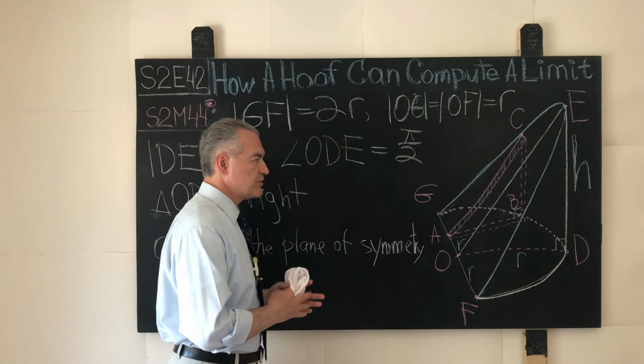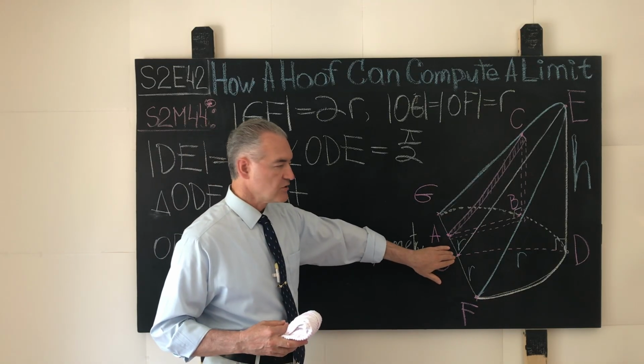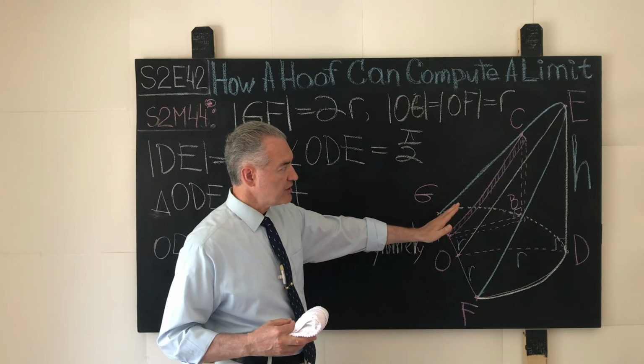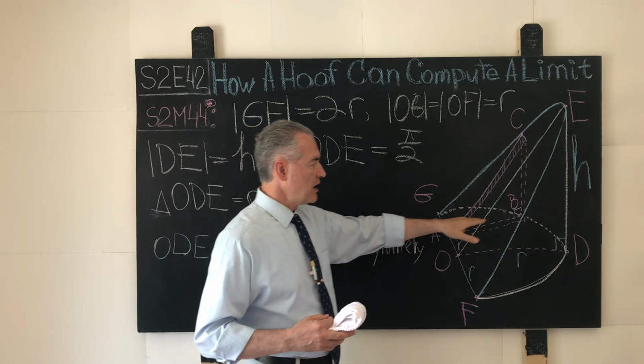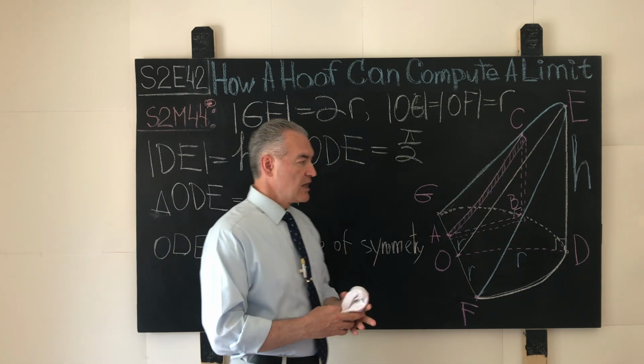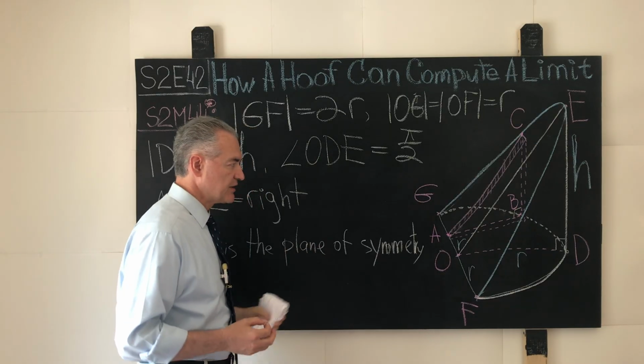So here, when we represent the volume of one and the same fixed hoof of Archimedes with triangular prisms, A, B, C, shown on the right-hand side of your screen in red, then we have the following setup.